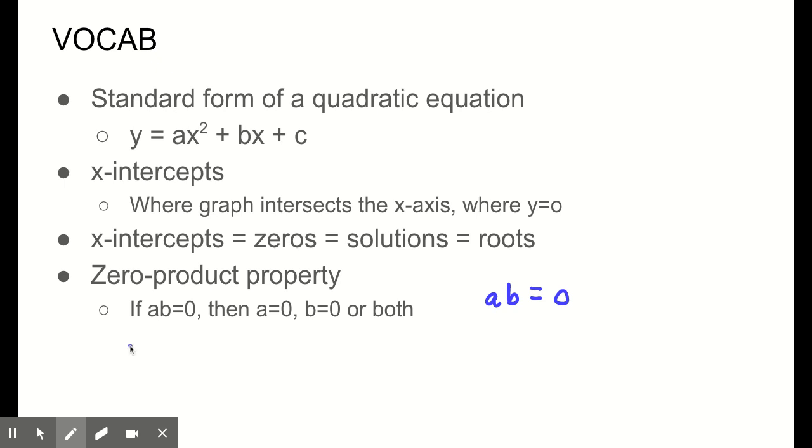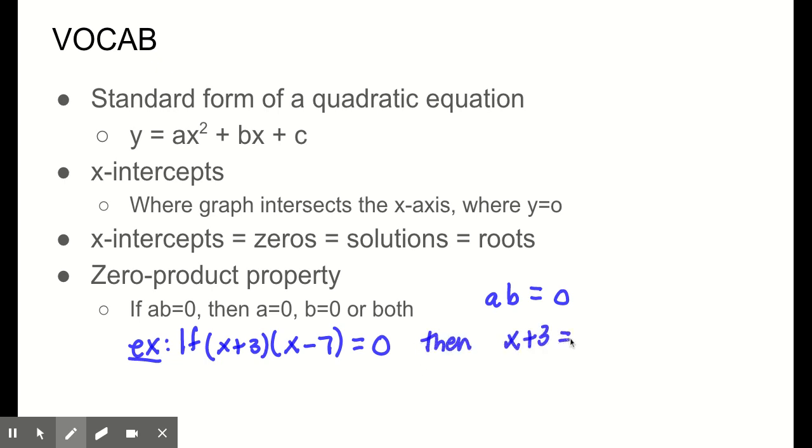Well, I want to take a look at this in terms of what we're going to see today. So for example, if we say that x plus 3 times x minus 7 is equal to 0, we're multiplying x plus 3 times x minus 7, then x plus 3 has to equal 0, or x minus 7 has to equal 0.